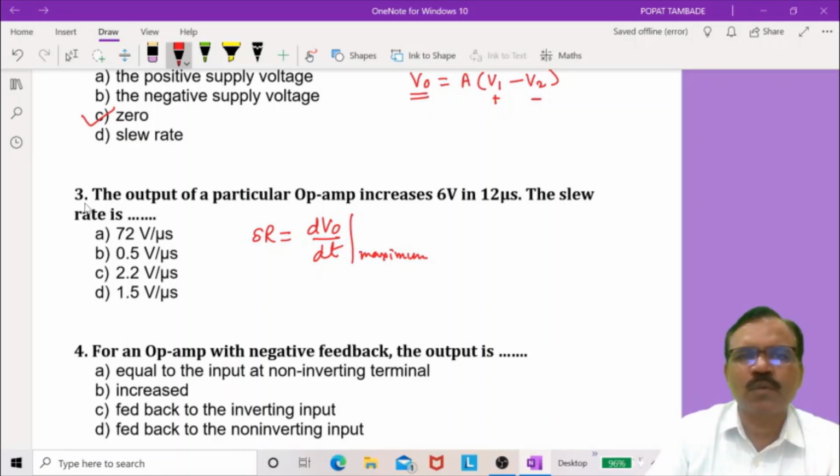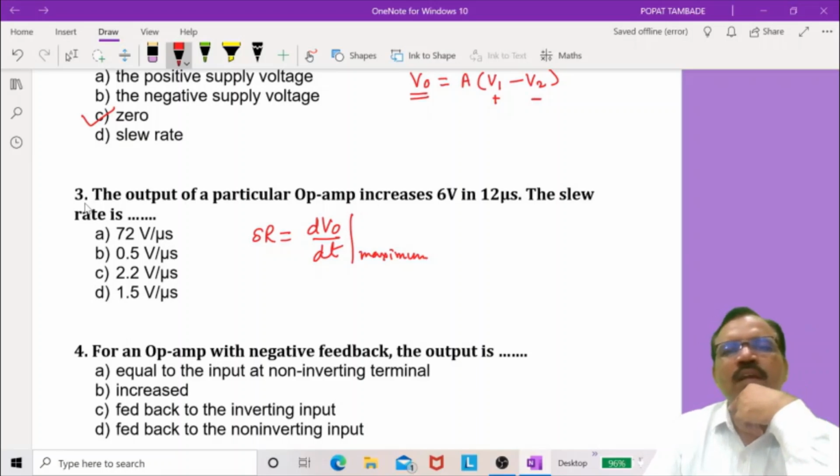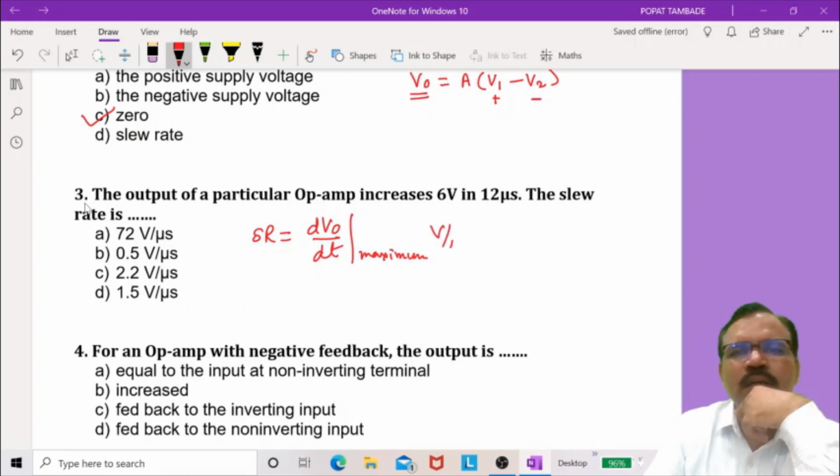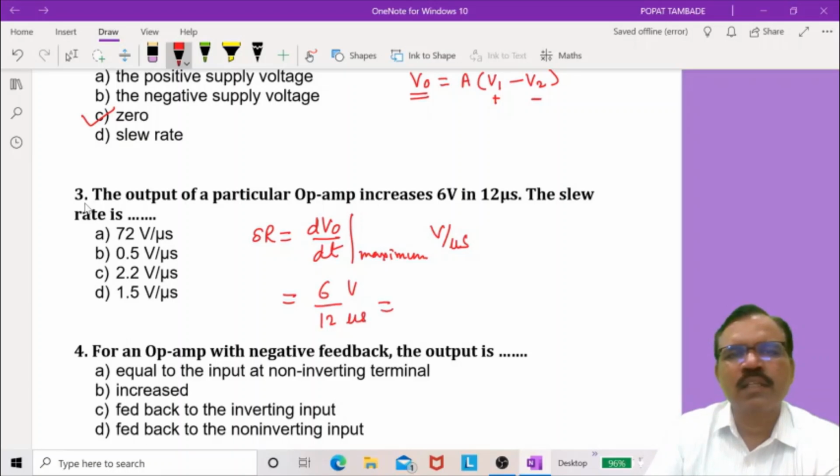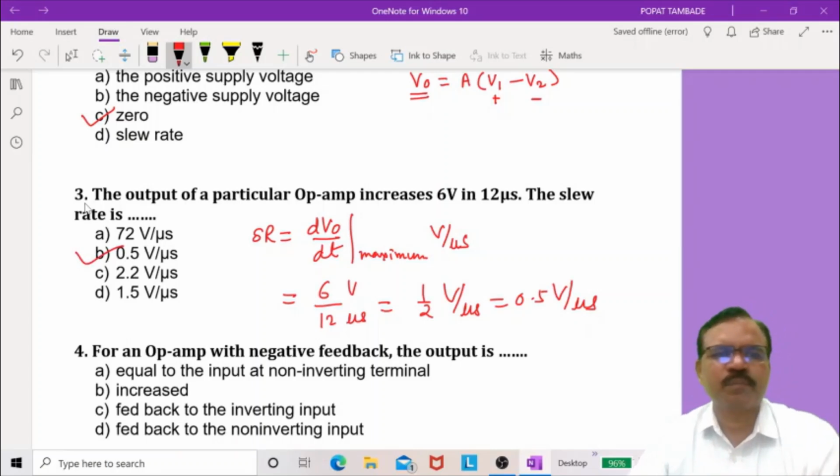So it is the change in output voltage per unit time, in volt per microsecond. Here the change in output voltage is 6 volt and the time is 12 microsecond. So it is 1/2 volt per microsecond, meaning 0.5 volt per microsecond. So here the third one is correct.